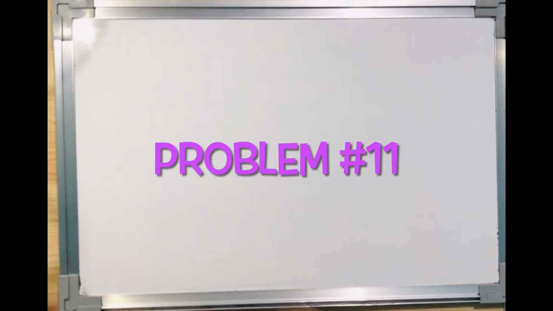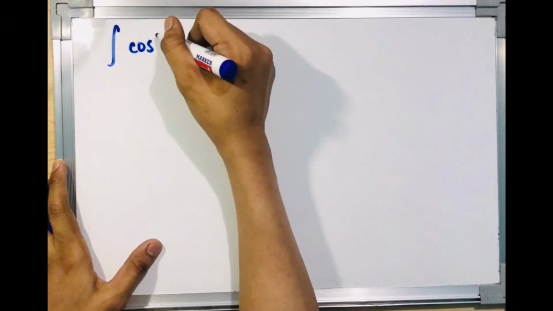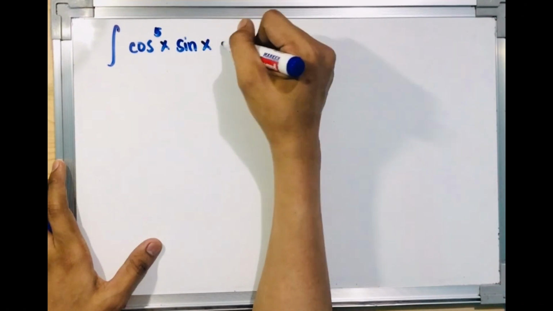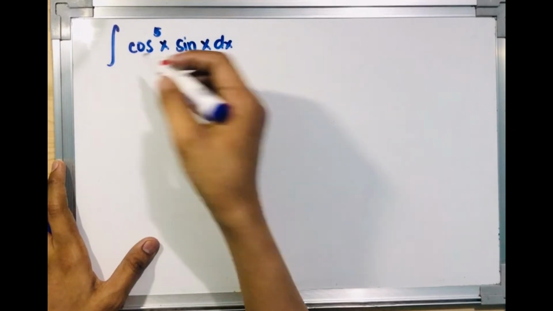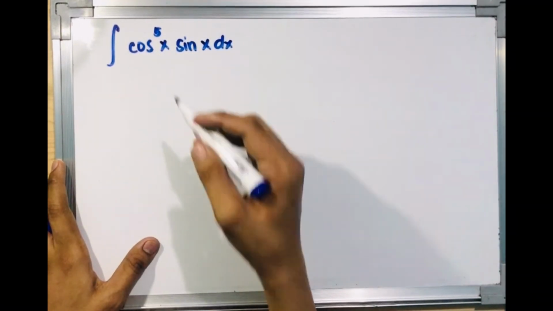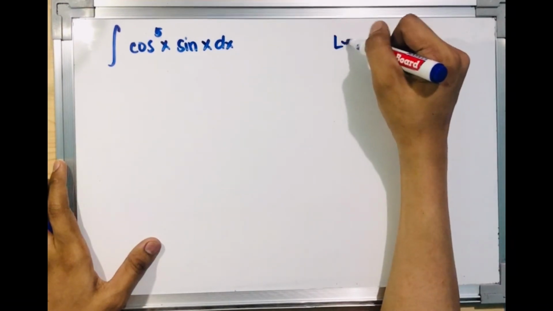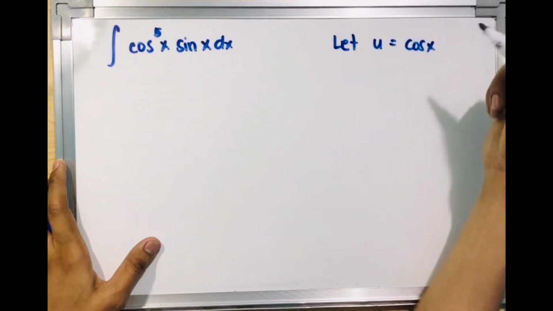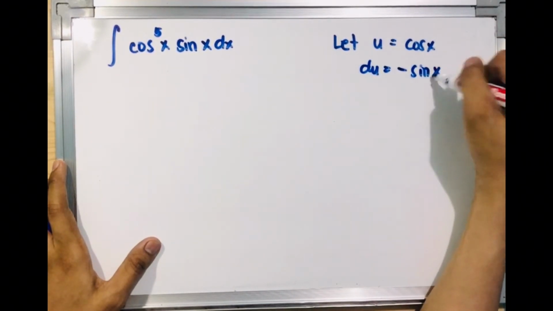So, we are down to our last problem. And our problem is cosine raised to the 5th x sine of x dx. So, kapag ganito, isip natin agad, meron ka ng isang trigonometric function at makikita mo yung katabi niya is its derivative. So, u substitution agad tayo. Let u is equal to cosine of x, and my du is equal to negative sine of x dx.